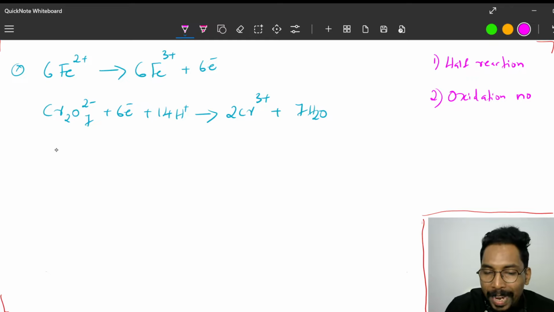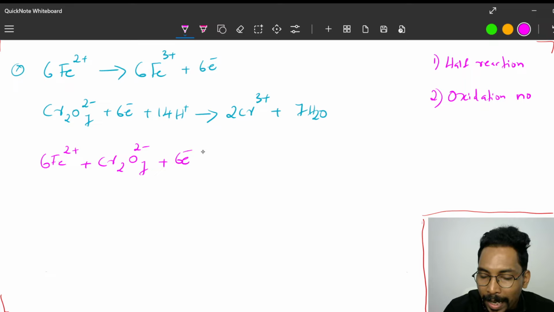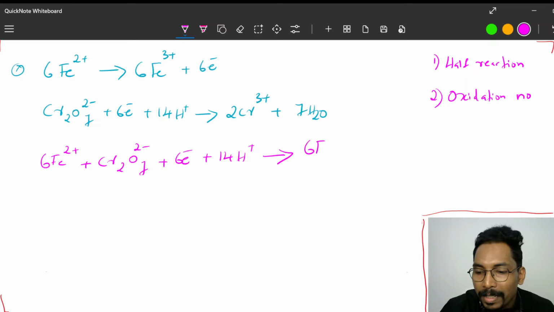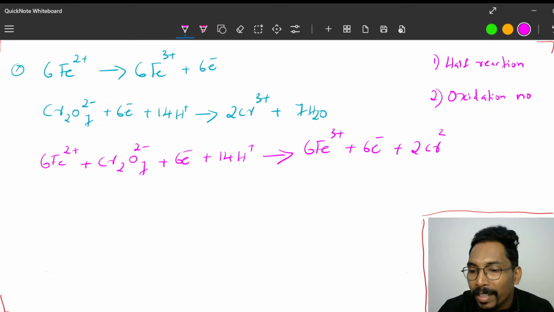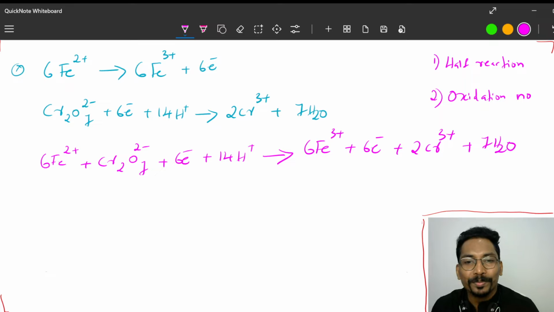On the reactant side: 6 Fe2+ plus Cr2O7 2- plus 6 electrons plus 14 H+ gives 6 Fe3+ plus 6 electrons plus 2 Cr3+ plus 7 H2O.